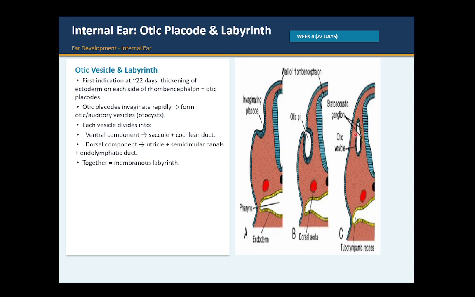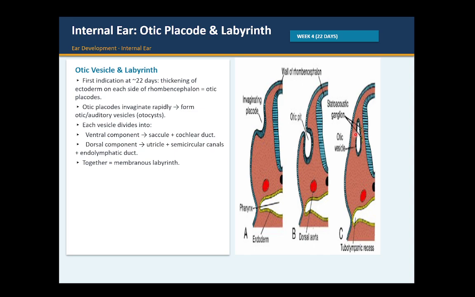Now also imagine yourself and see where your internal ear is located. The brainstem, the internal acoustic meatus, and then next to it is your internal ear. This is where it is located.